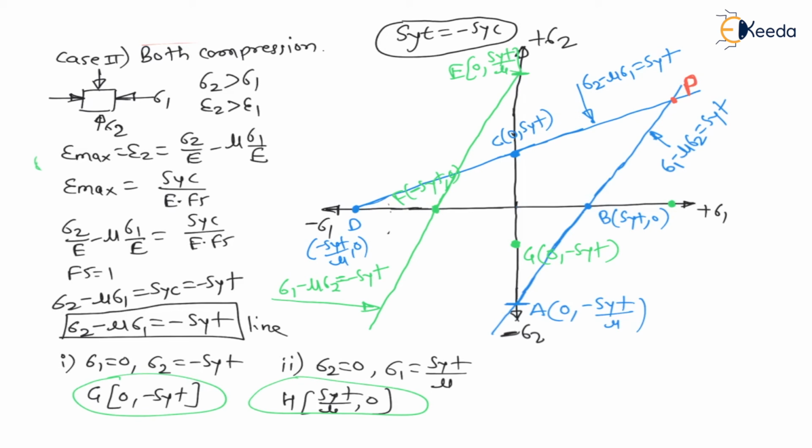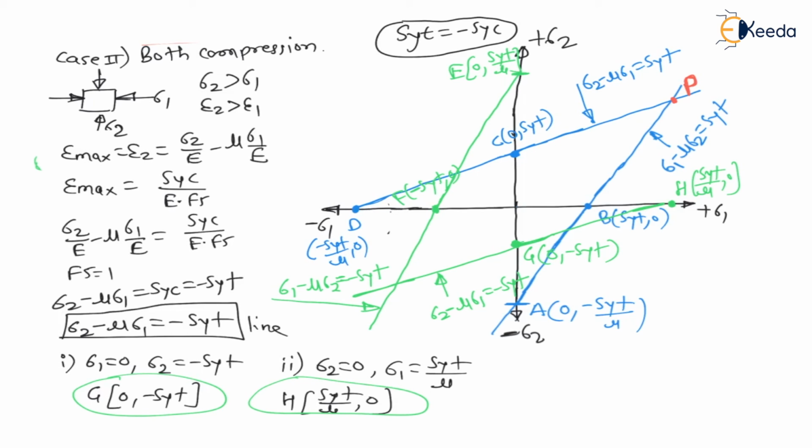This is H point. Now join G to H, and if I extend this line, the line equation is sigma 2 minus mu sigma 1 is equal to minus SYT. This is the line, right?